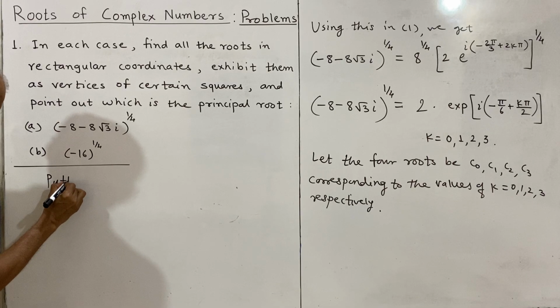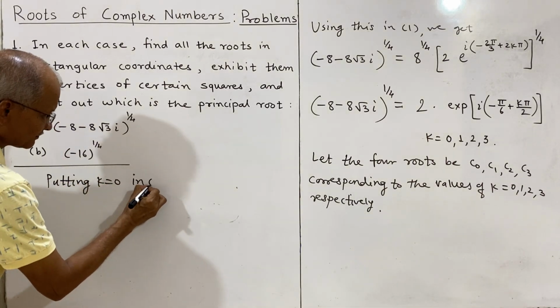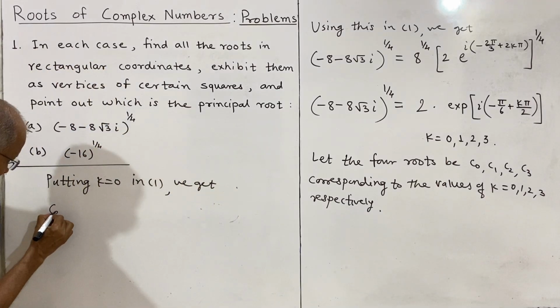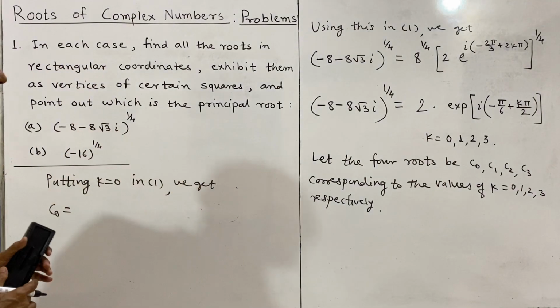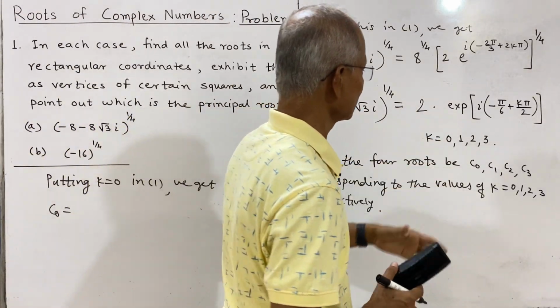So putting k equal to 0 in 1, we get C0 is equal to, now you observe this value on the right side of 2.